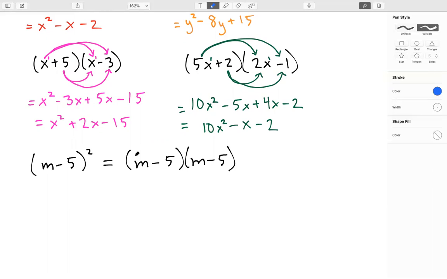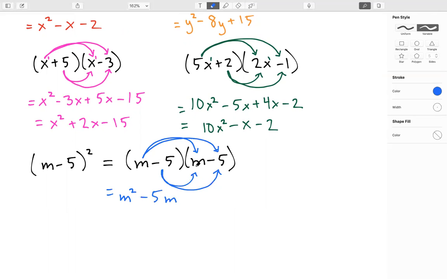So now we know how to do this. We just take each term and distribute it to each other term. M times m, m times negative 5, negative 5 times m, and then negative 5 times negative 5 equals, actually I'm going to do it down here. M squared, m times negative 5 is negative 5m.